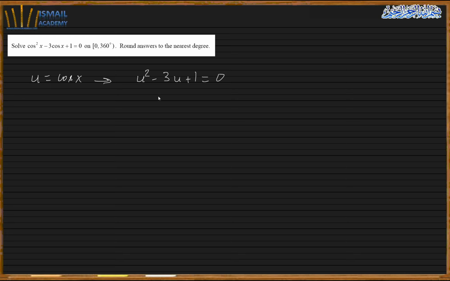So here we use the quadratic formula. So u will be minus b, which is 3, plus or minus the square root of b squared, which is 9, minus 4 times 1, over 2, because a is 1 here. Which gives me here 3 plus or minus square root of 5 over 2.